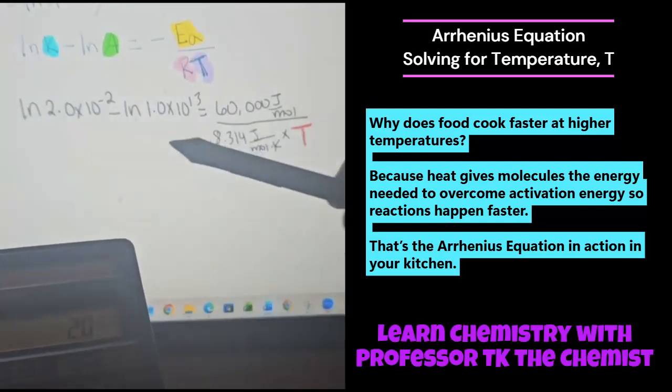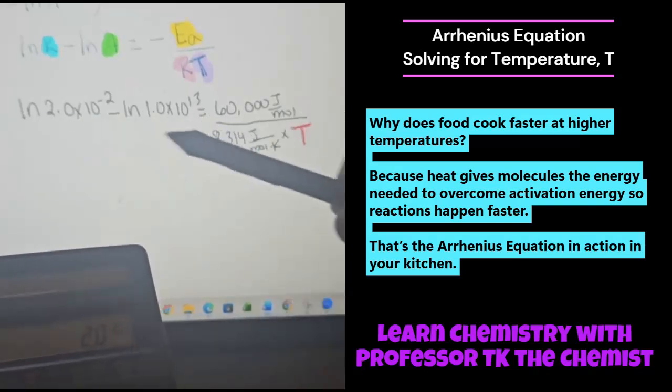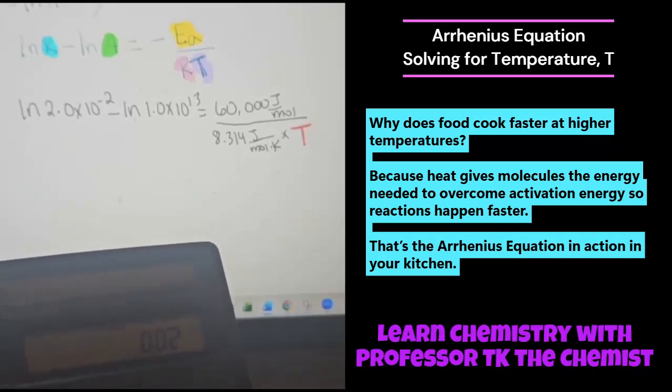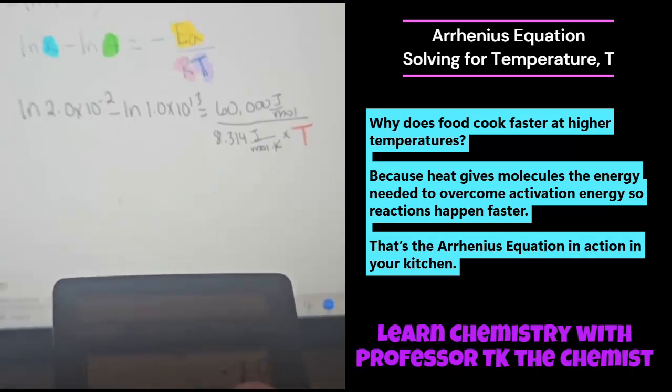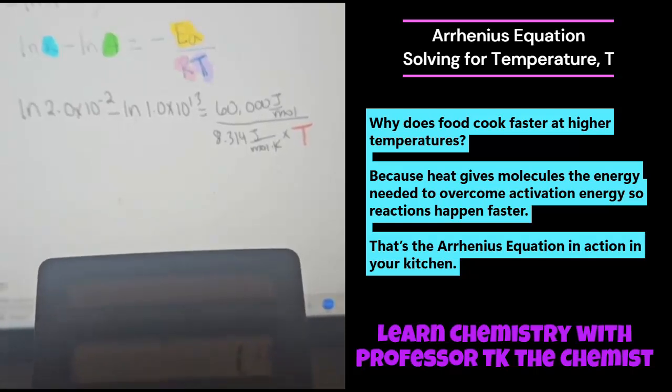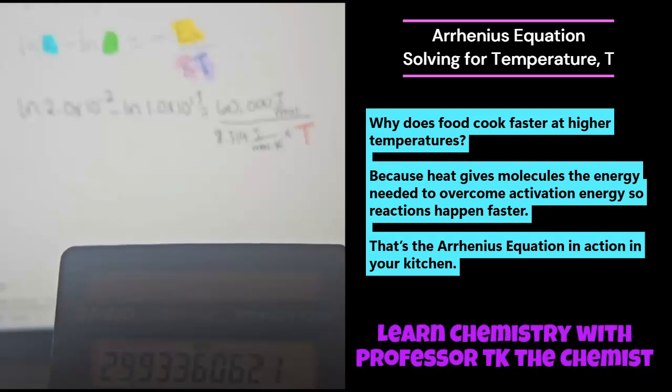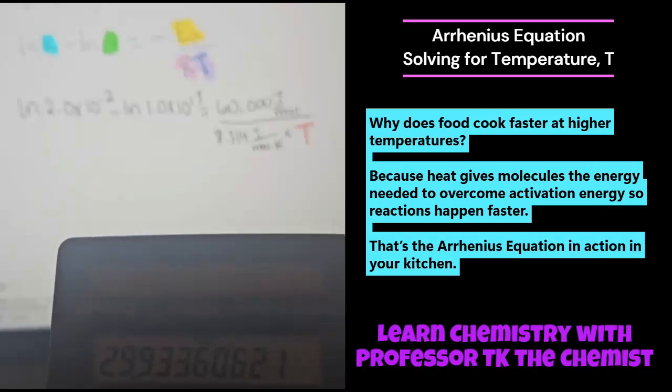So rather than doing the natural log twice, do this part first. Do the 2.0 times 10 to the negative second minus 1 times 10 to the 13th, and I get 1 times 10 to the 13th. I'm going to get the natural log of that, and I get 29 right here.